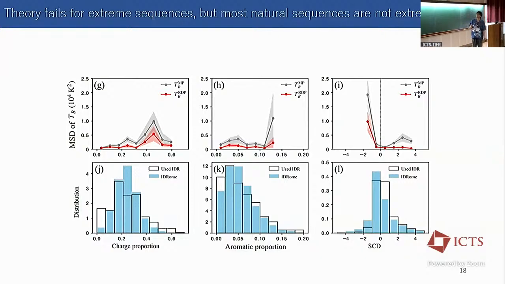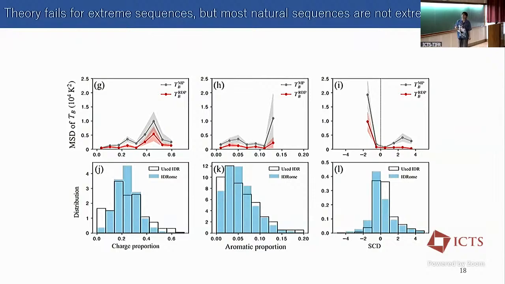This method is an approximation, and we know the regions that would fail. If you have lots of charged residues, it would tend to fail. If you have lots and lots of aromatic residues, that would tend to fail. And the STD looks at the blockiness of these charged domains. So if you have lots of positively charged regions in the sequence, that would make this value large or small. And if you extend these values, then for those sequences you would tend to have a larger error.